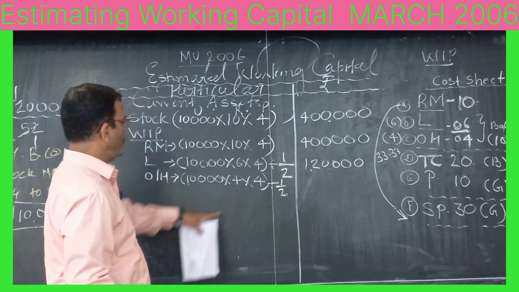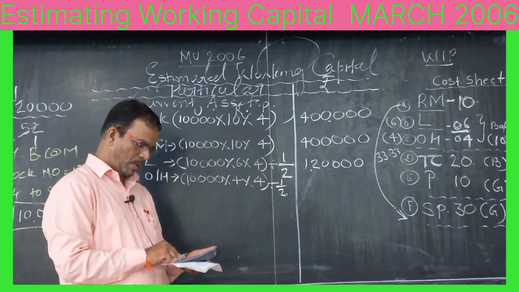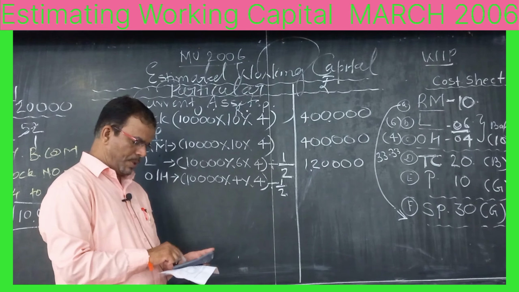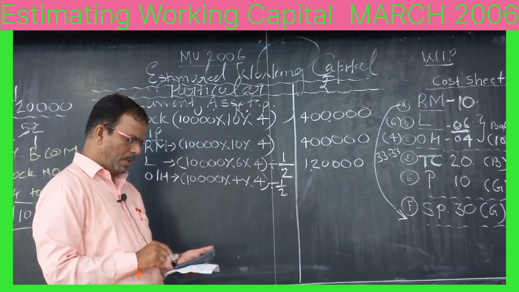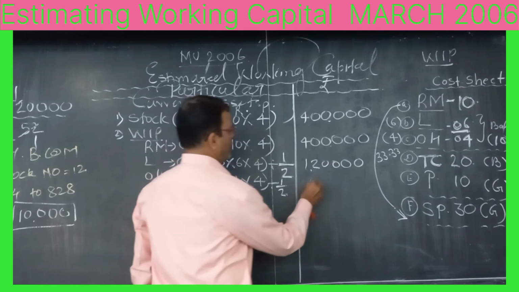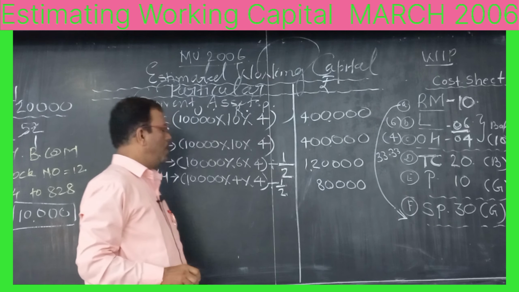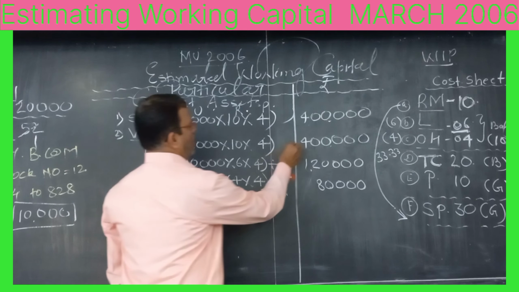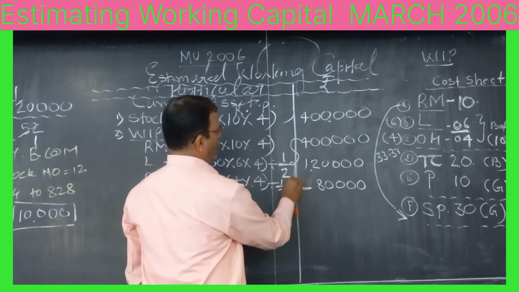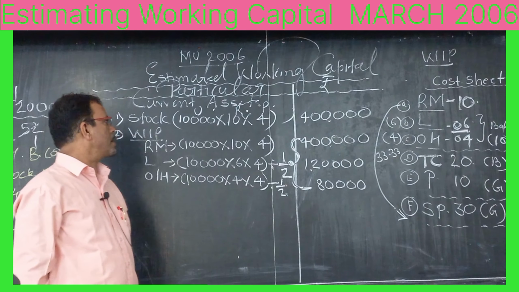So 10,000 into 4, 40,000. 40,000 into 4 divided by 2. How much? 80,000. So in this way, this amount we got is work in progress.